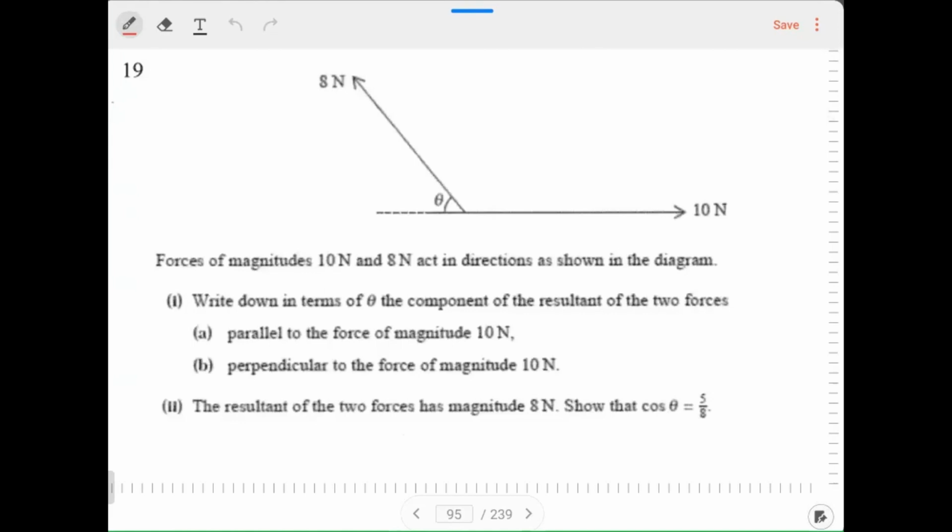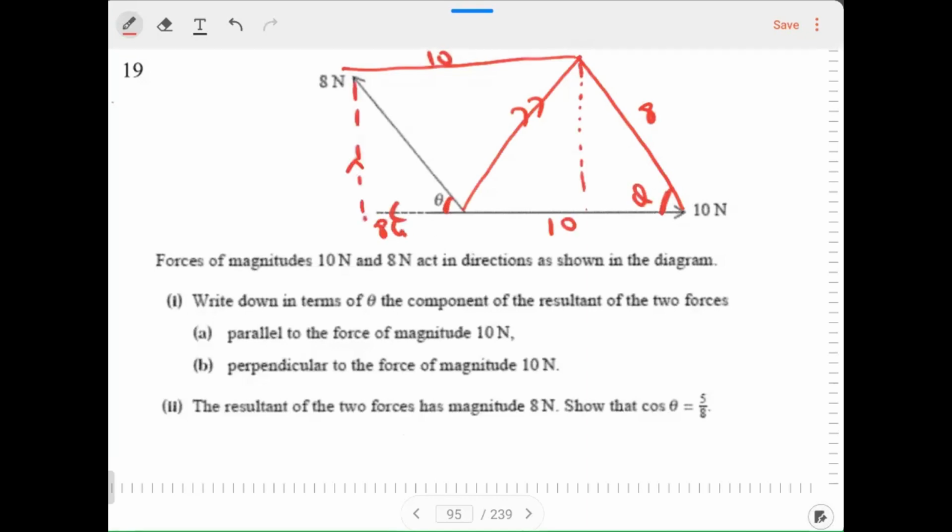Forces of magnitude 10 newtons and 8 newtons act in the direction as shown. Write down in terms of theta the components of the resultant of the two forces. Okay. So if I resolve, this parallelogram will be formed. This is 8, this will be 8, this is 10, this will be 10, this is theta so this will be theta.